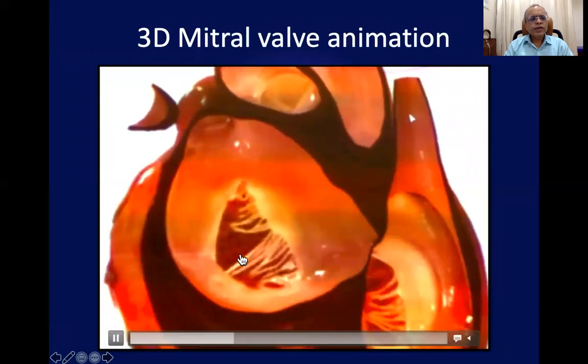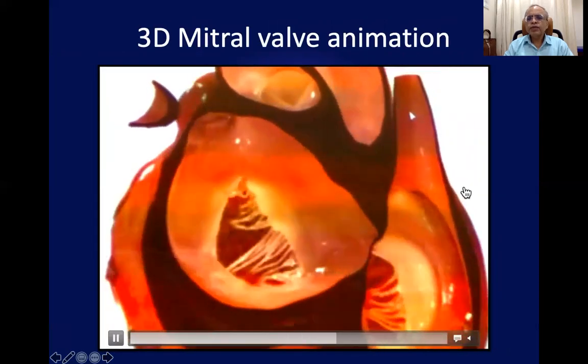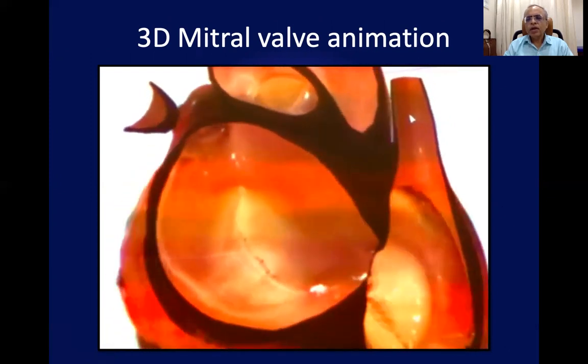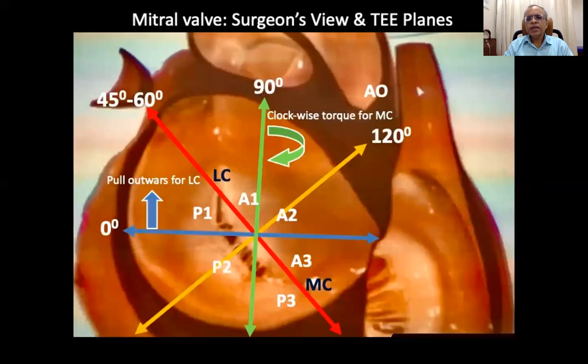The mannequin can also generate beautiful 3D real-time images of the mitral valve, and they give you a great insight in studying the various TEE probes and various TEE maneuvers to look at each scallop of the mitral valve, and also the lateral and the medial commissure.